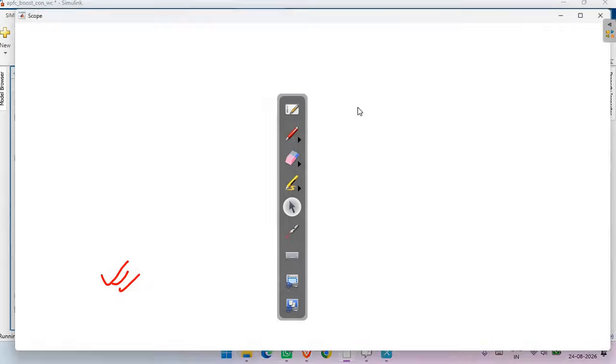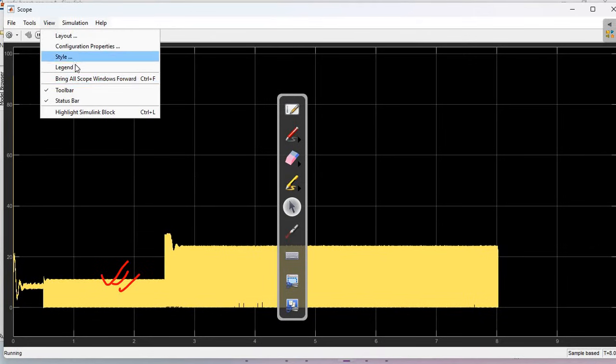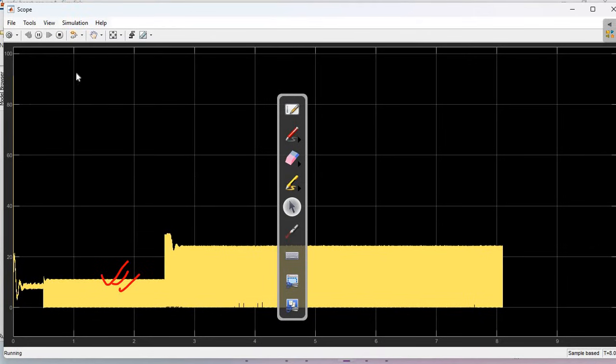This is the output current measurement. Here you can change the graph color.